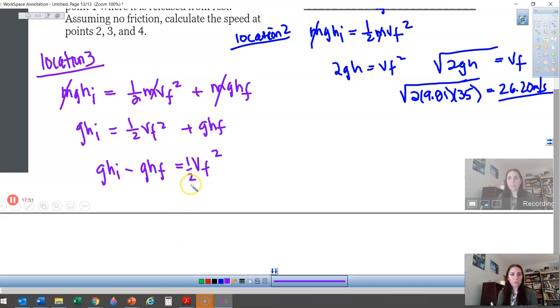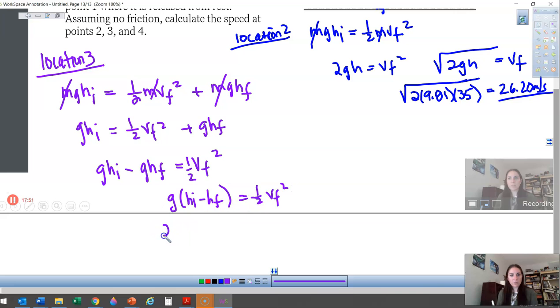So what I can do, because we like to be fancy, is notice the g's are common. I could factor out that g and do g(H_i minus H_f) equals 1/2 v squared.